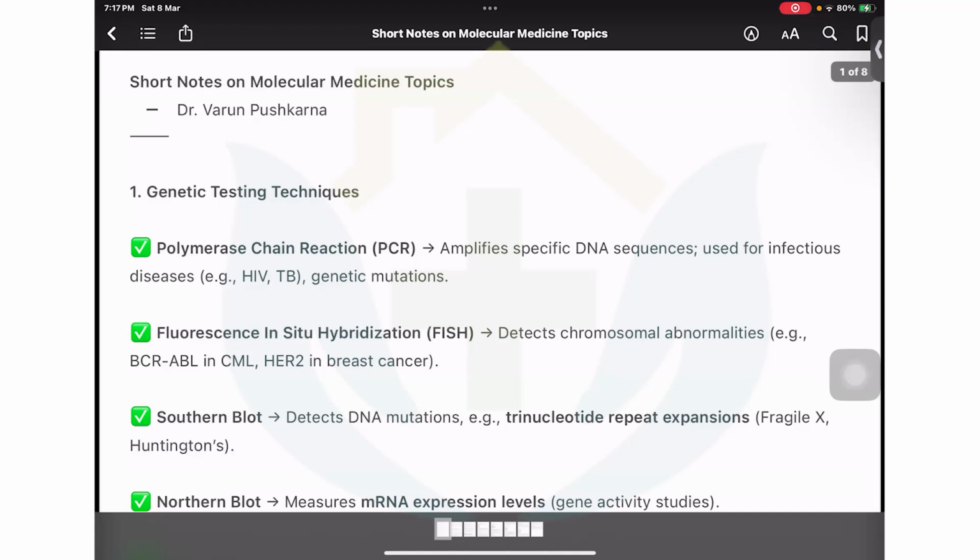These topics are not usually discussed in our MBBS and MD classes, but yes, they are important because they are a window into the future. So we'll begin with the genetic testing techniques.